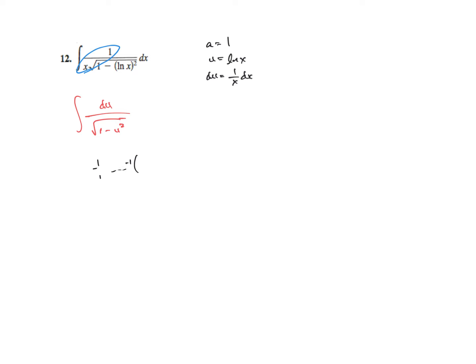Why am I saying that? All right, so this is an arcsine. So then I'd have arcsine of natural log of x plus c. All right. Again, arcsine is a number minus a variable. Arcsecant is what? A variable minus a number.